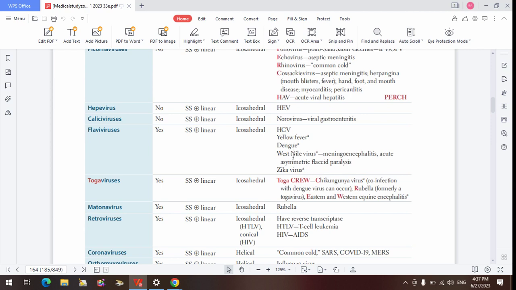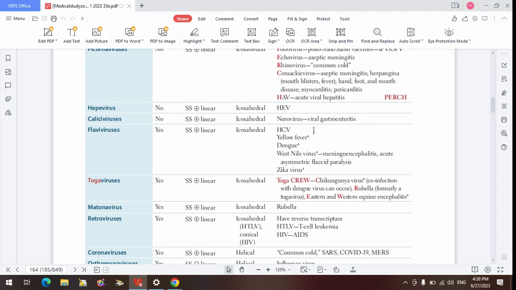Let me start again. So hepatitis C. We know how hepatitis C will present. We talked about hepatitis before. The person is having jaundice. One thing about hepatitis C is that it has a very high chance of progressing to chronicity. There's a very high chance the person is going to have a chronic infection.